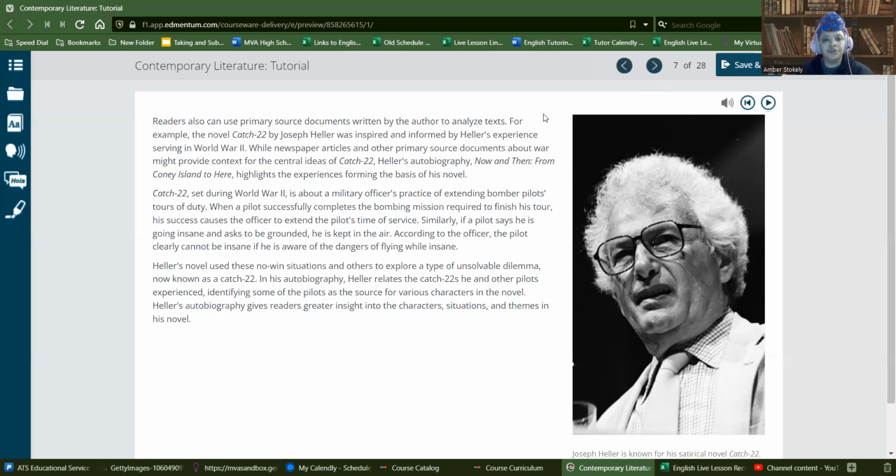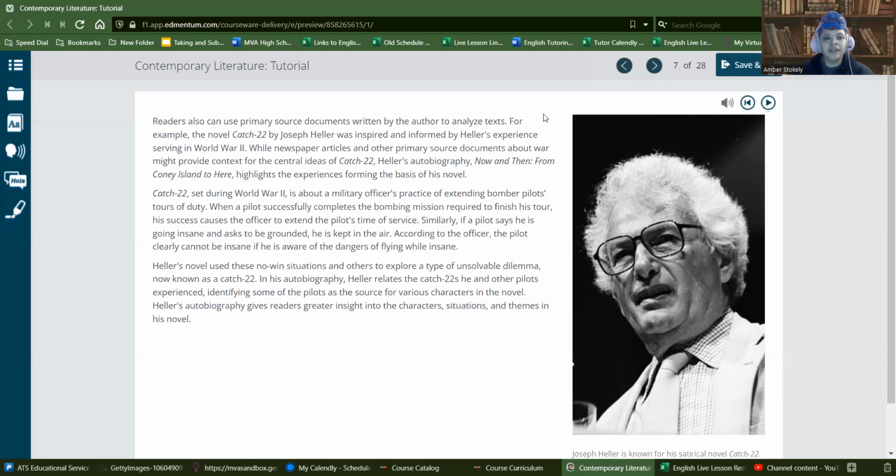So Catch-22 is a book that focuses on someone who's in the military. The author, Joseph Heller, was inspired by his own experience in World War II. So he actually wrote an autobiography, explaining his situation and what he lived through and how he felt about it.